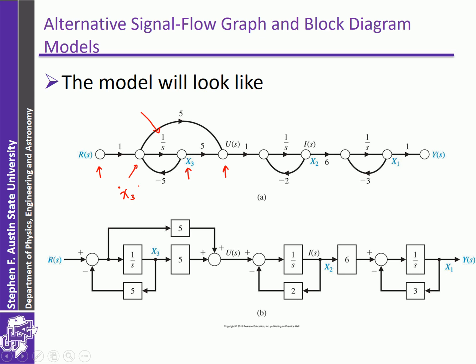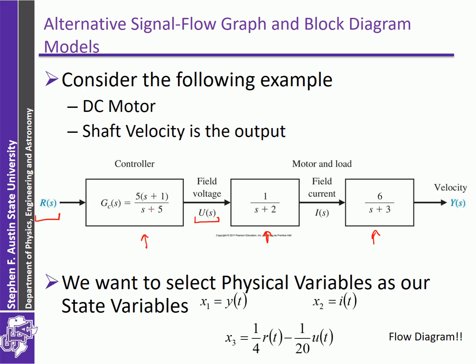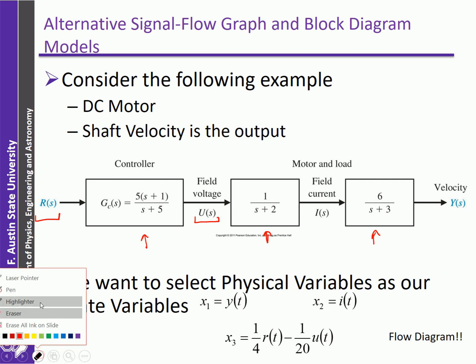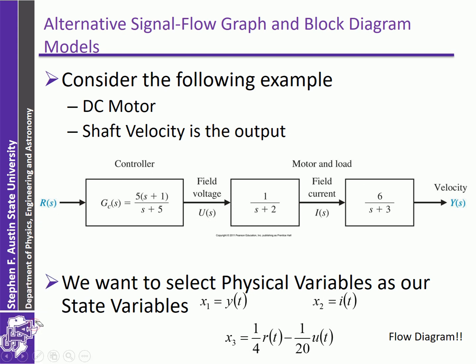Now we look at our transfer function and start figuring out everything that needs to be done. We need to organize it a little bit, so let me erase everything so we can start clean.